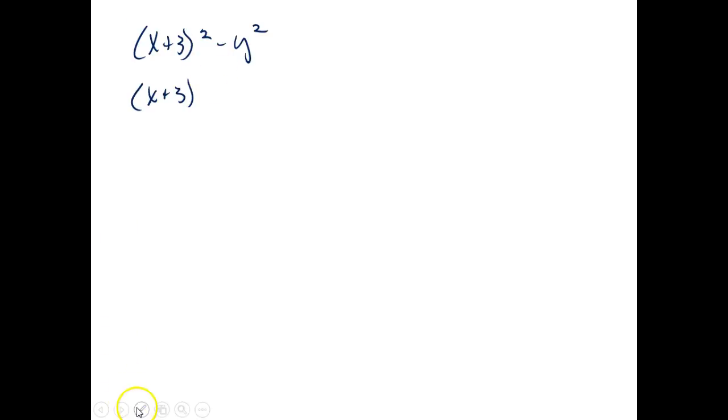Now I got to get my, still slow, but it's faster than it was. Okay. x plus 3 times x plus 3 minus y times y. Is that what you were thinking? Now what? Still hasn't factored it. It factored the first term of it, but we want to factor the entire binomial.